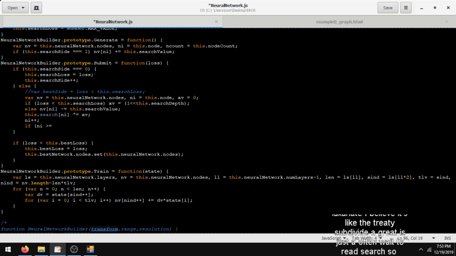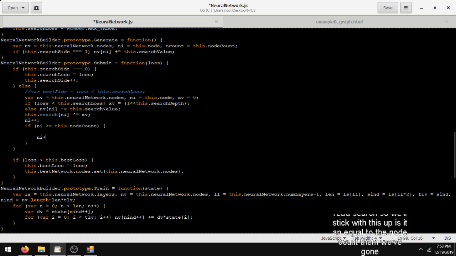So I'll stick with this. If this is bigger than or equal to the node count, then we've gone through all the nodes, we reset it, and we increase the search depth.